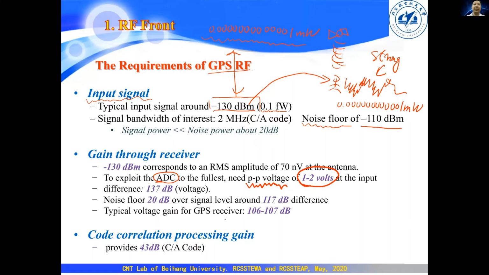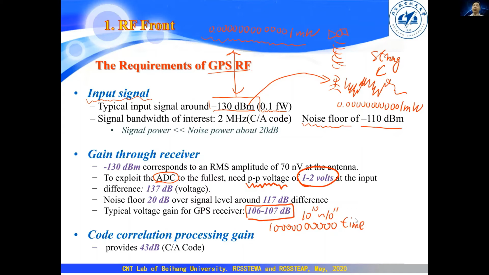That means you need to amplify the signal by about 100 dB more, which corresponds to about 10 to the 11th, about 100,000,000,000 times more.